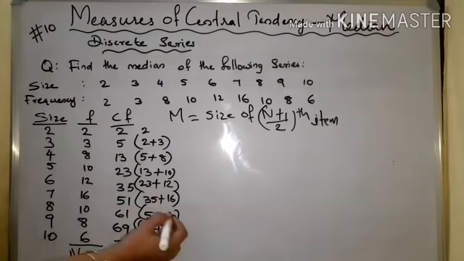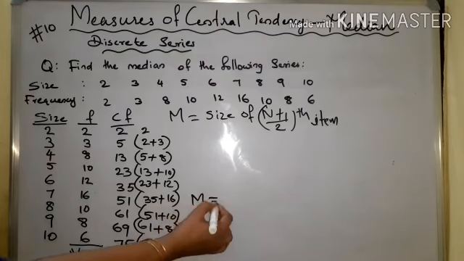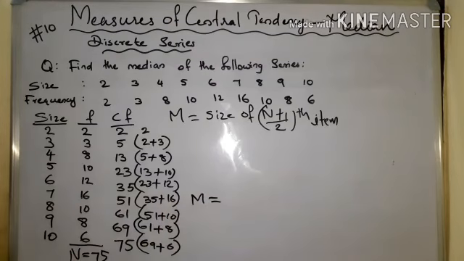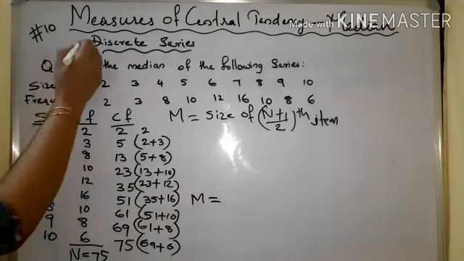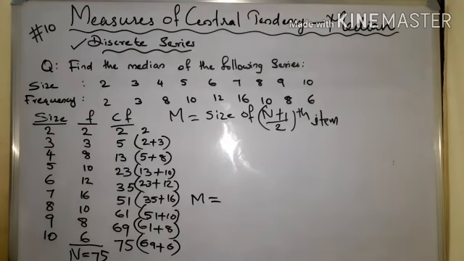Then here M is equal to size of (n plus 1) by 2. N, I already told you, is equal to frequencies total, sigma f. In the case of discrete series, n is equal to frequencies total. In the case of individual series, n is equal to the number of items. So frequencies total is 75.